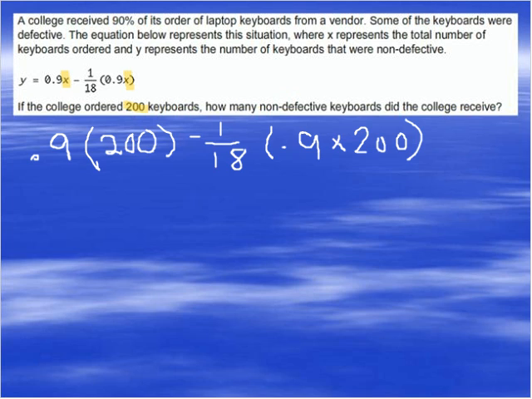I really don't see too much. I have 0.9 times 200, I guess that is inside parentheses, so let's figure out what that is. 180, and again I get it for right here, so I'm just going to do this.